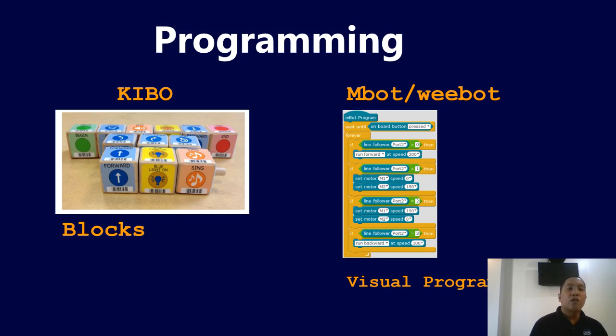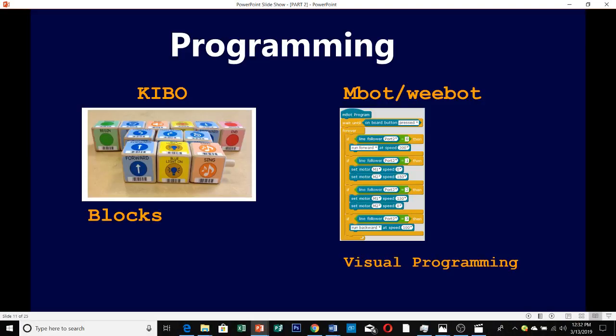Konting recap. For Kibo, ito po ang gamit niya. For Kibo, ang gamit niyang programming is blocks. Blocks lang po. Ito po yung ating blocks na tinatawag. And then if you look at this one, meron po siyang mga barcodes dito, which is i-scan po gamit po yung Kibo robot.